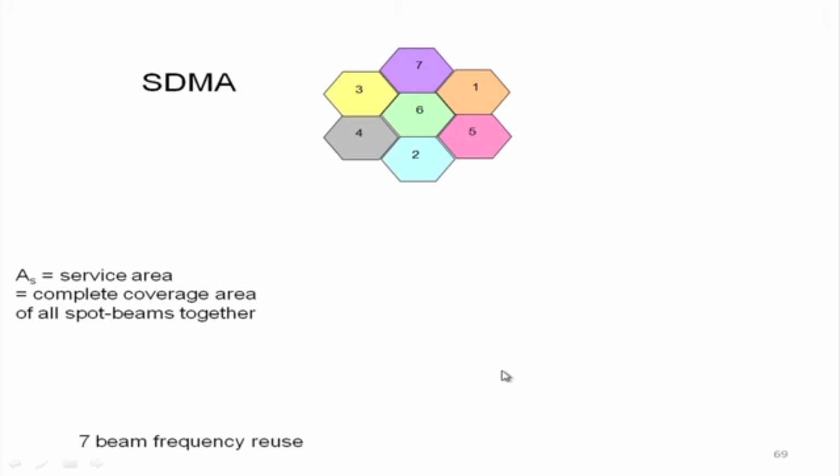Now let us go into another multiple access, which is space division multiple access, SDMA. Say there is a multiple beam satellite, a satellite which has multiple beams, just like our cellular network. This concept is the simple cellular network. I have shown a 7 beam concept, like a 7 cell concept, with hexagonal cells.